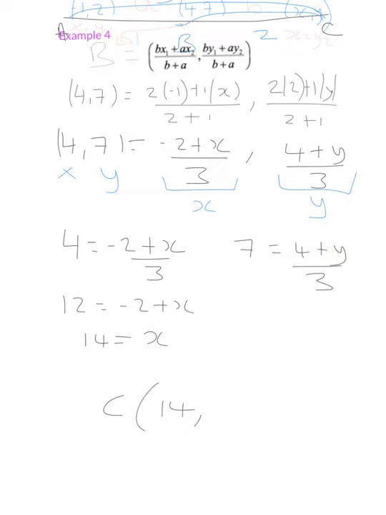We cross multiply, that would give me 21 is equal to 4 + y. So y is equal to 21 minus 4, which is 17. And that represents the y coordinate of the C point.